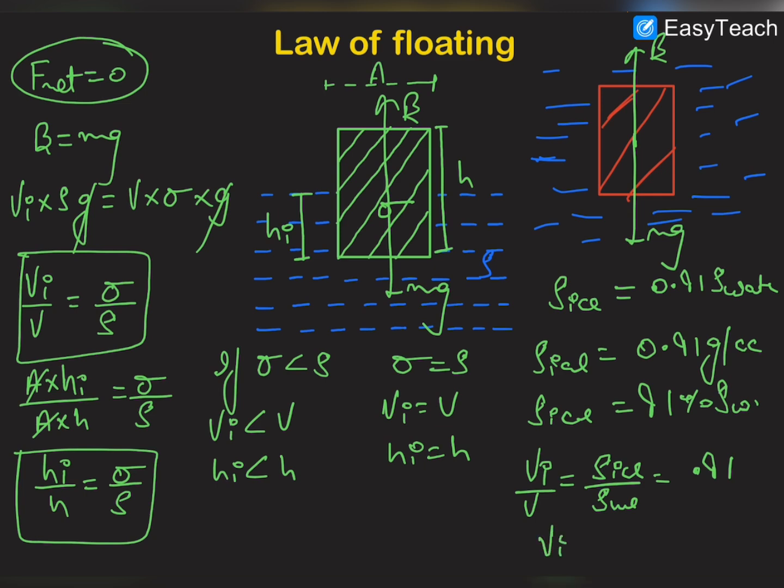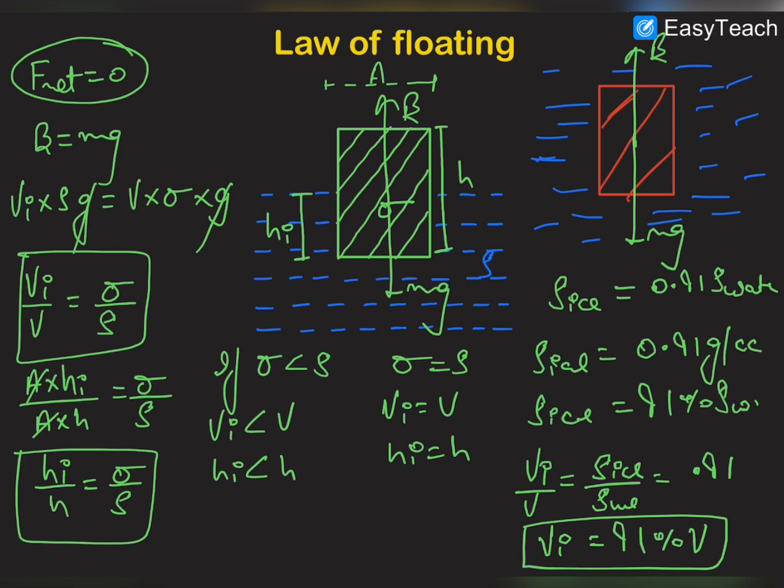So we can say that Vi is equal to 91% of V, which means that 91% of the volume of the glacier is inside the water, and only 9% is outside the liquid water. So the volume of glacier we are watching above the level of the water is just 9%, and the 91% part of the glacier is inside the water while it is floating.